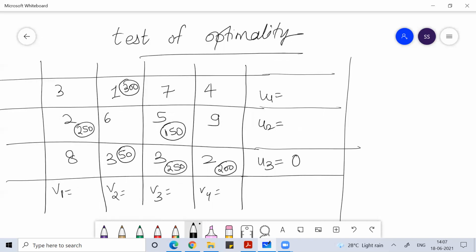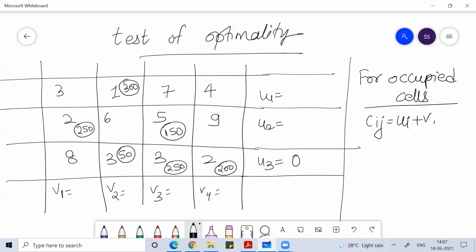Then for occupied cells we use the formula Cij equals Ui plus Vj.